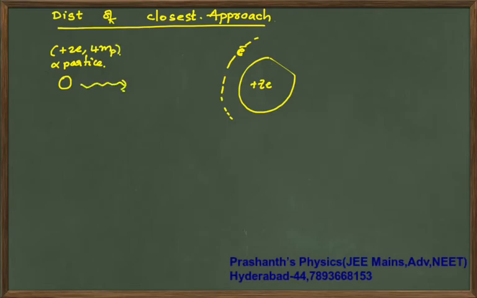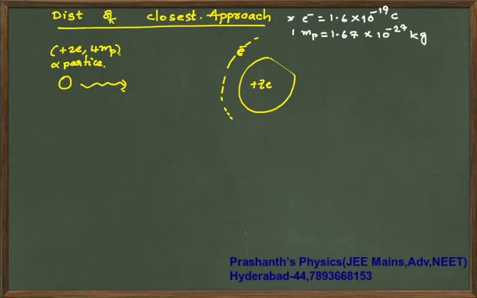You might have studied that the charge of an electron is 1.6 into 10 power minus 19 coulombs, and the mass of a proton is 1.67 into 10 power minus 27 kg.